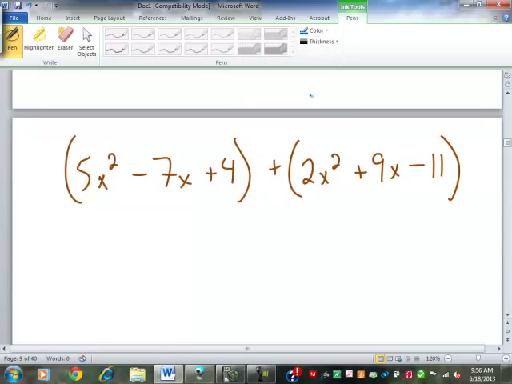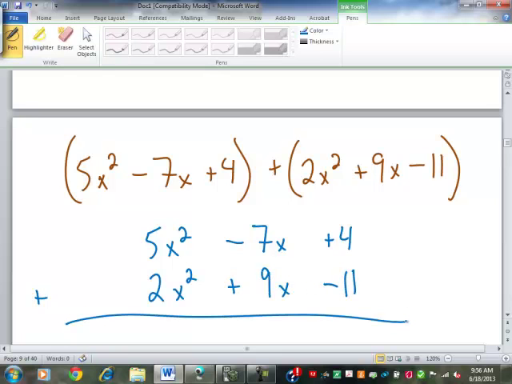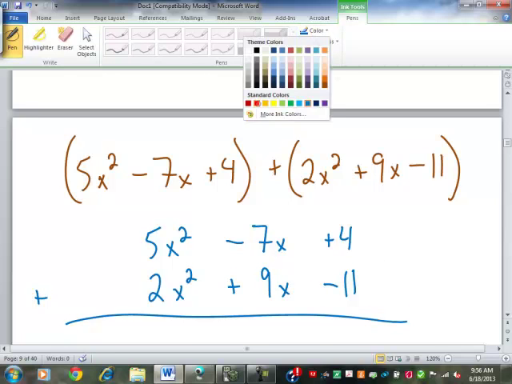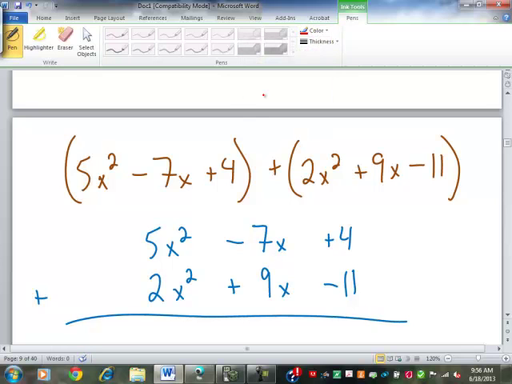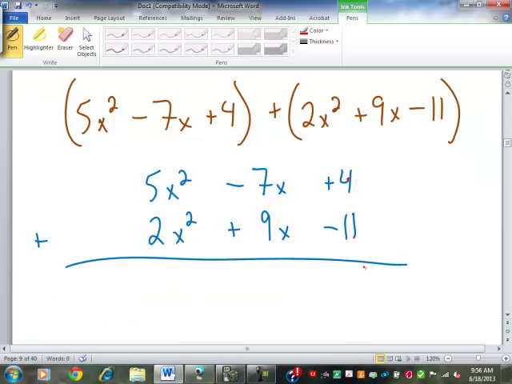So here for this one, we're going to line them up again. But now we have some negative digits in here. 4 plus a negative 11. Let's draw the picture.